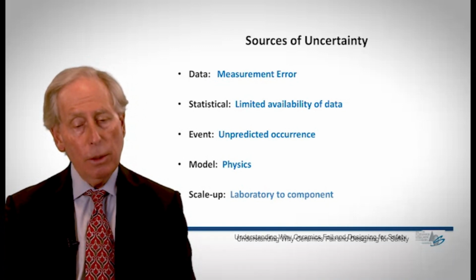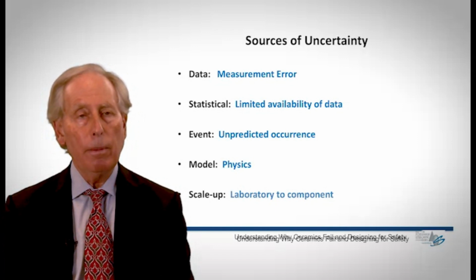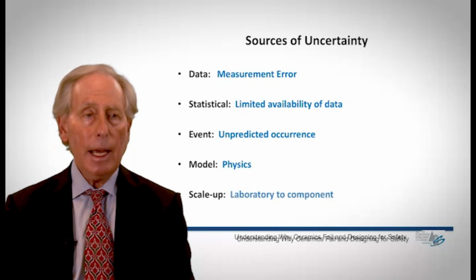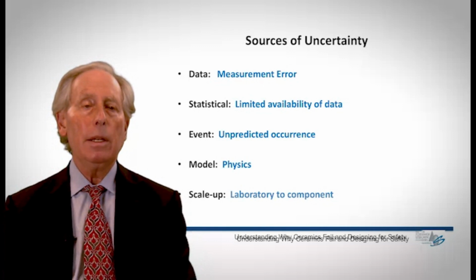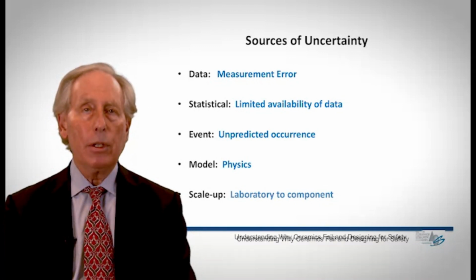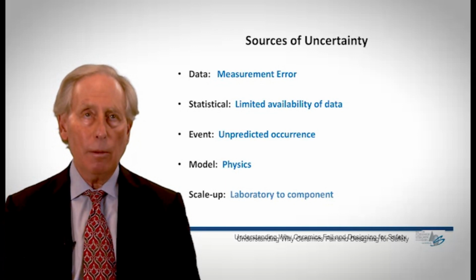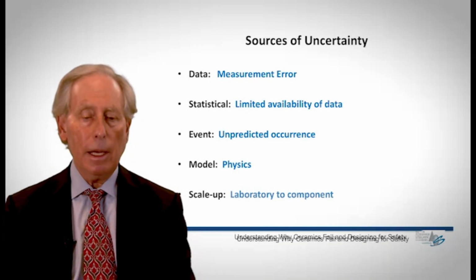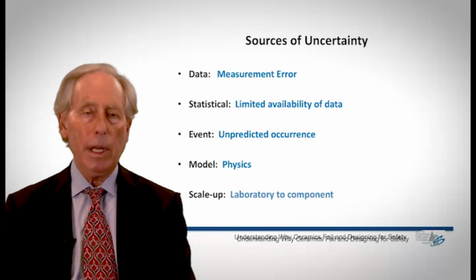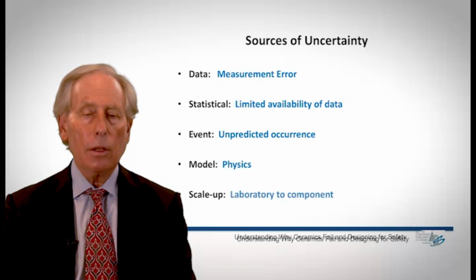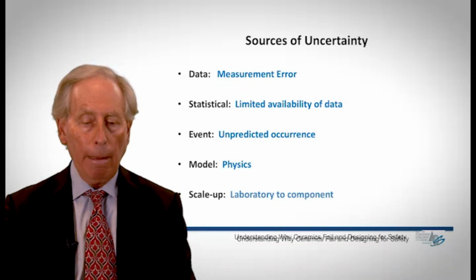And this leads into the statistical nature of the data that I'm taking. I can't make unlimited numbers of tests. I have to choose the number of tests I make because of the expense, because I can't find enough material to do the tests on, et cetera, et cetera. So the limited availability of data also means there's an uncertainty in any prediction that I make from that data.